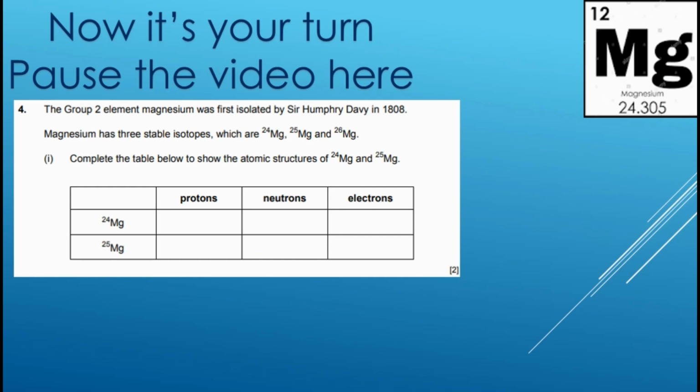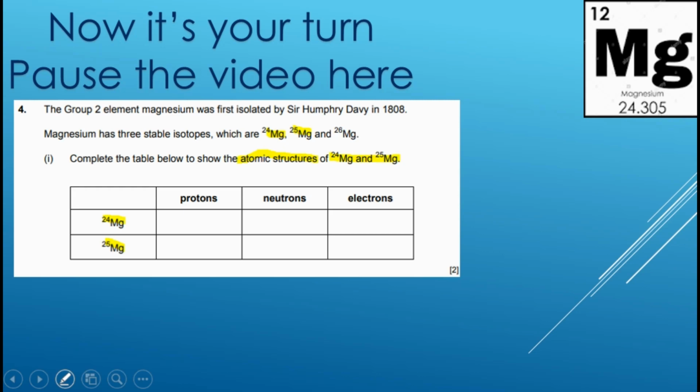So, if we read the question, the group 2 element magnesium was first isolated by Sir Humphrey Davy in 1808. Magnesium has 3 stable isotopes, which are magnesium 24, as we see here, magnesium 25, and those are the only 2 that are at the moment necessary for the question. Now it says, complete the table below to show the atomic structure of magnesium 24 and magnesium 25.